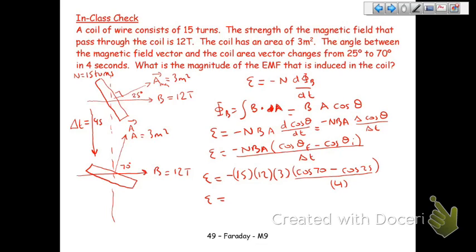Multiplied by 3, enter. Multiplied by 12, enter. Multiplied by 15, enter. That gives me minus 76.2, which equals plus 76.2 volts. And so my magnitude, mag, is equal to just 76.2 volts.